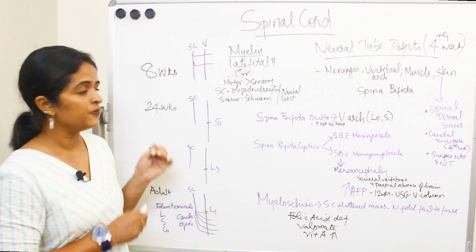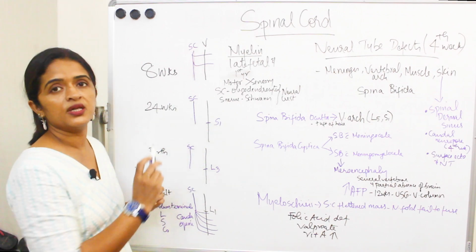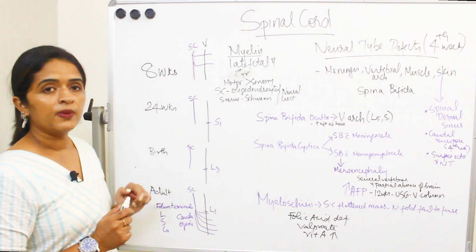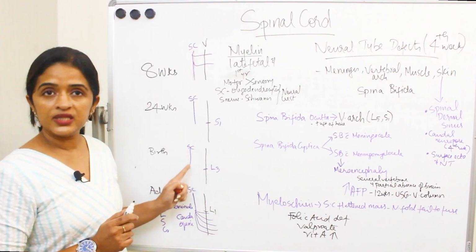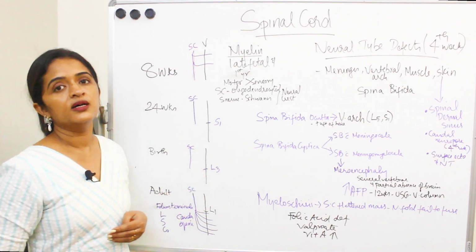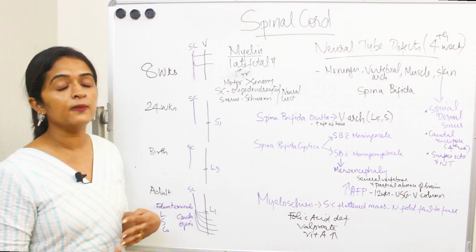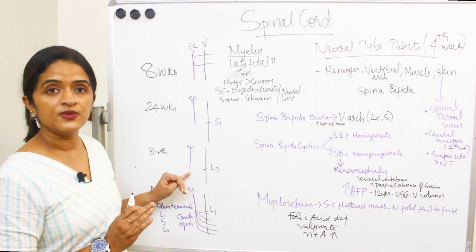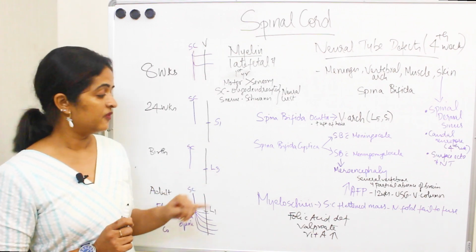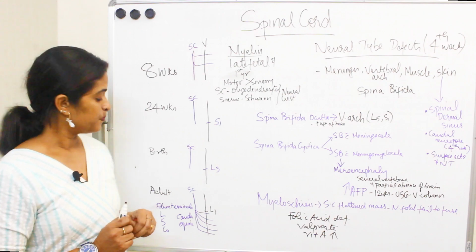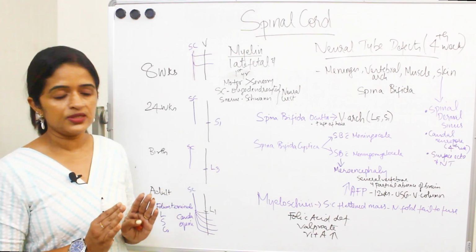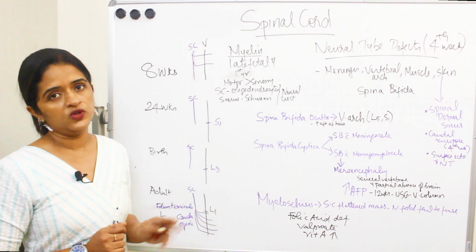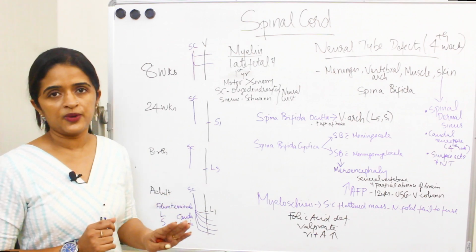So the lower limit of the spinal cord is up to the level of S1 at 24 weeks. By the time the baby is born, the differentiation of the vertebral column is again more compared to that of the spinal cord, and the lower limit of the spinal cord corresponds to the level of the third lumbar vertebra, L3. In the adult position, the lower limit of the spinal cord lies against the L1 vertebra. So that is the final position of the spinal cord.